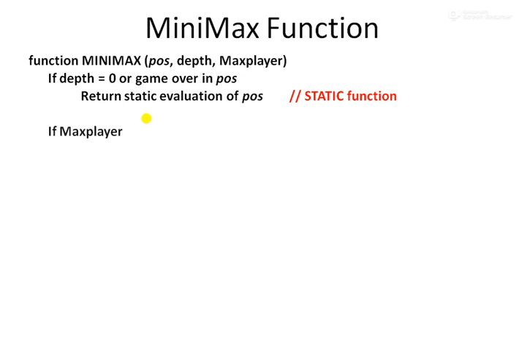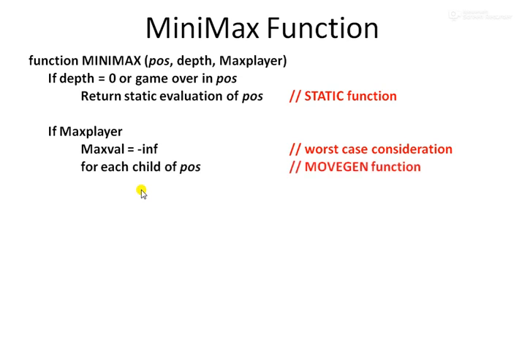If the turn is for the Max player, we take one variable here, say maxval. Initially the value of maxval is minus infinity, that means in the worst case scenario the value of maxval is minus infinity. Then as it is the turn for the Max player in some particular position, we'll have to generate all the possible moves. For each child of that particular position, we are again calling MiniMax.